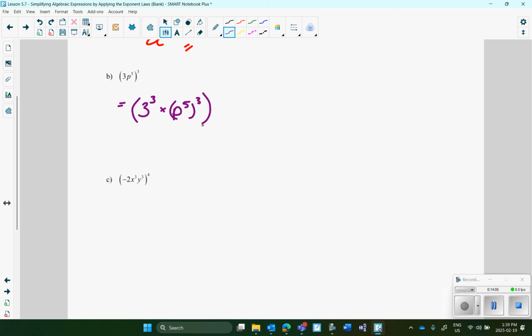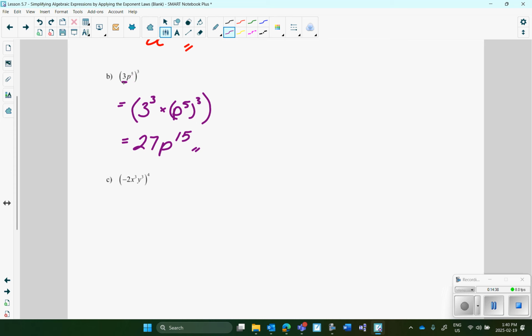I have to cube, I have to raise everything inside to the 3rd. So what's 3 to the 3rd power? That's a number. 27. That's right. That's what you got to be careful of, is when there's a number in here, because you have to raise that number to the exponent before you do the variables.